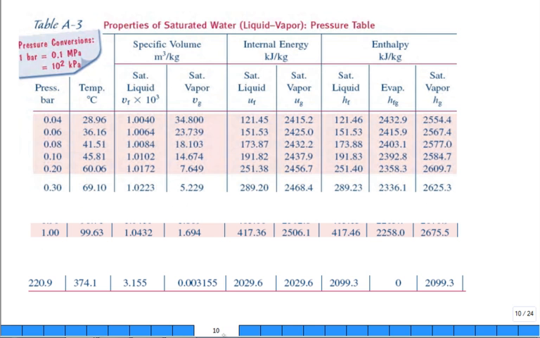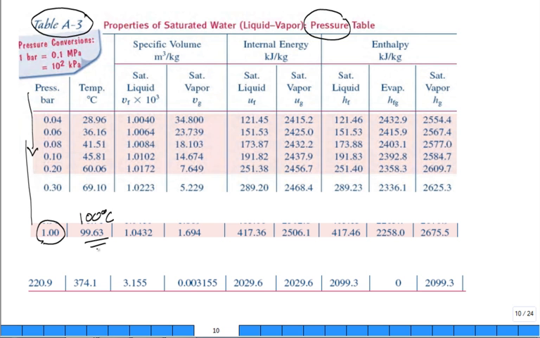Now, you have the pressure table. So A3 is if pressure is the most convenient input. And so that's very convenient. Notice that 1 bar is about 1 atm. It's not precisely, hence the boiling point is not precisely 100 degrees C. The saturation temperature is 99.63.